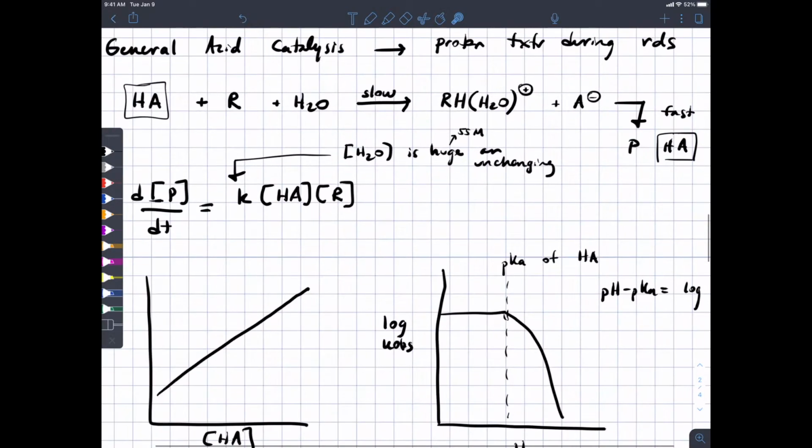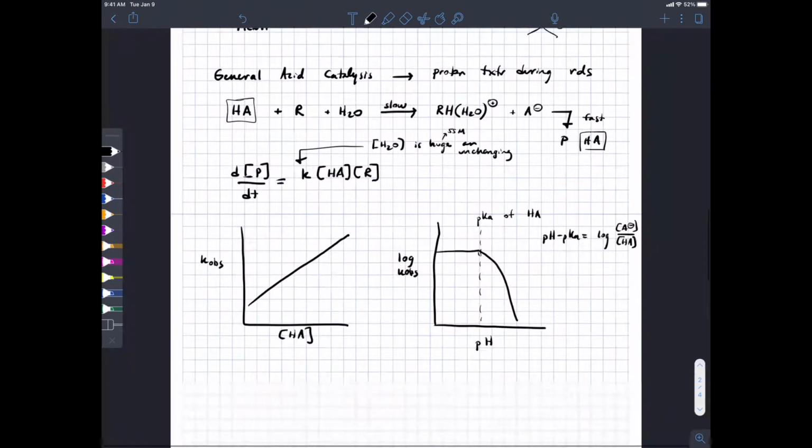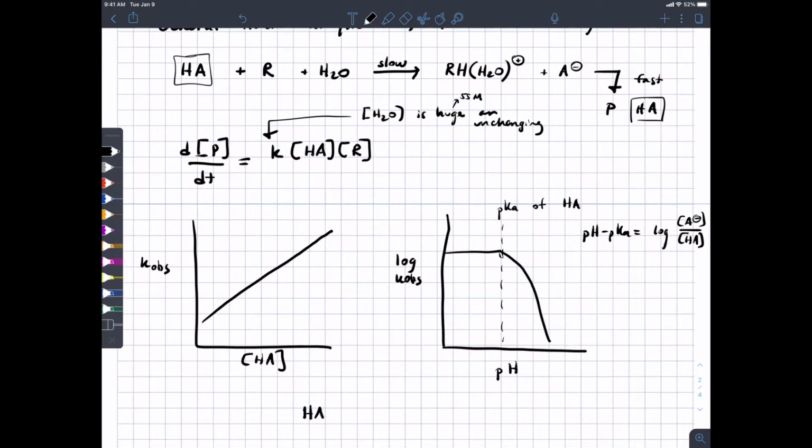Another way to write this, you can use the definition of Ka for your acid. HA plus water goes to H3O+ and A-. And you can write Ka equals the concentration of H3O+ times the concentration of A- divided by the concentration of HA.